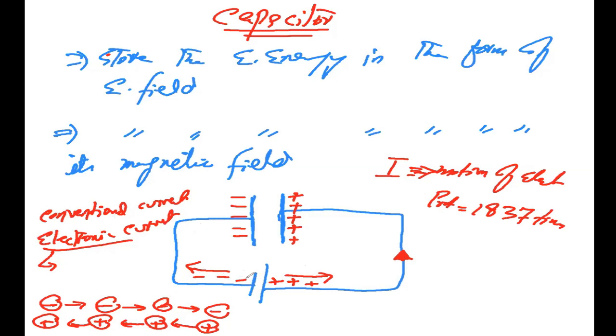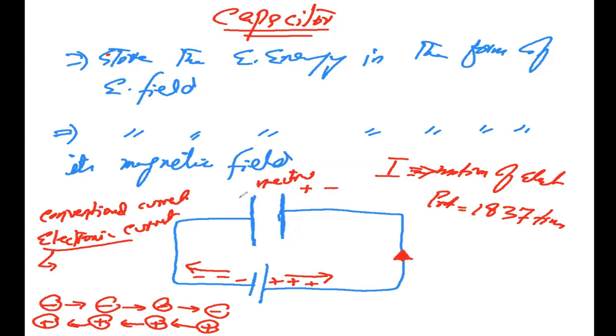If one electron leaves this plate and comes over here, then here we also have electrons. Let's say here we have lots of electrons, and an electron will come over here. Actually, this is neutral now. It means we have an equal number of positive charges and negative charges on this plate, and equal positive and negative charges on this plate.